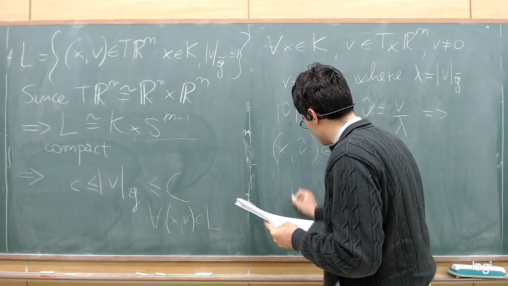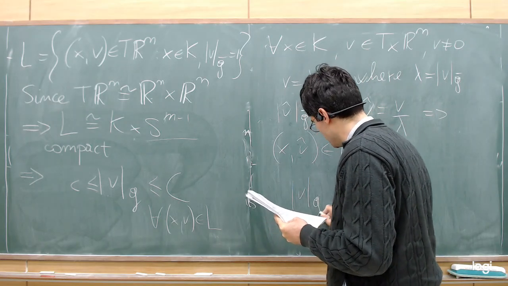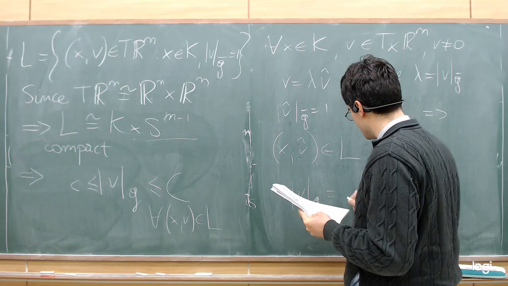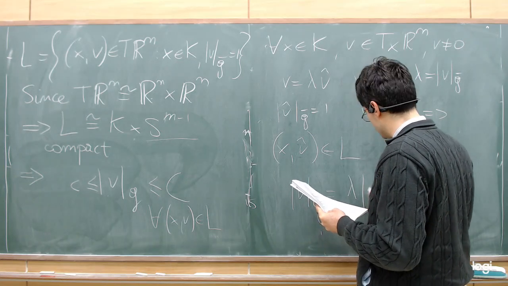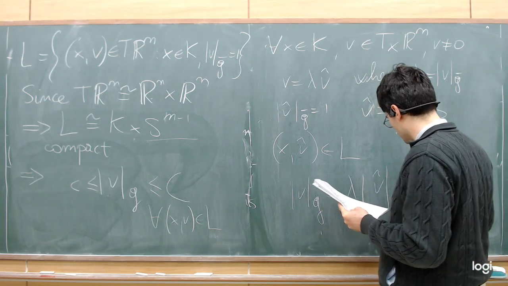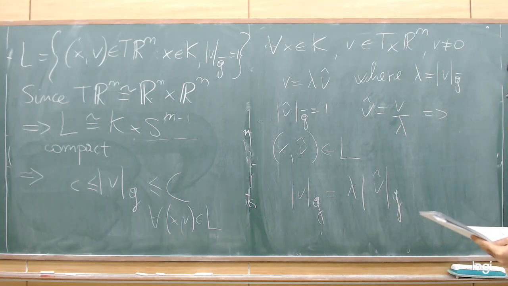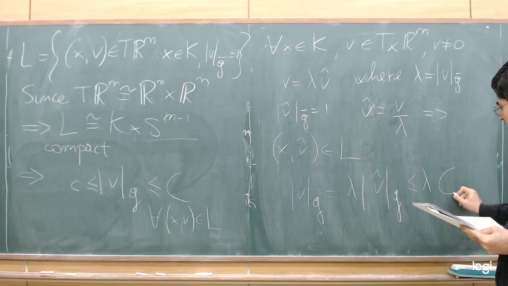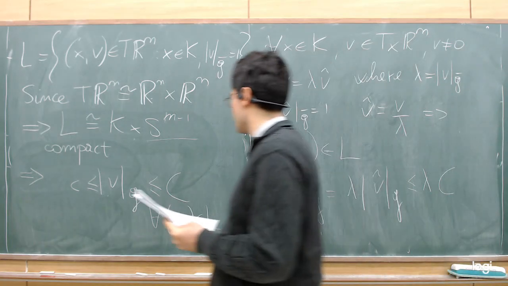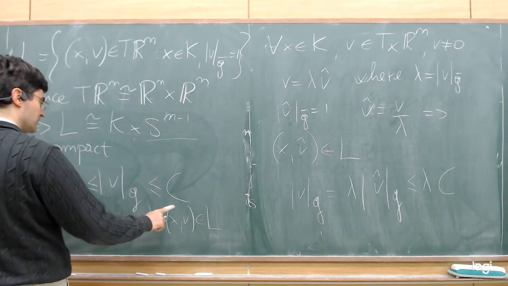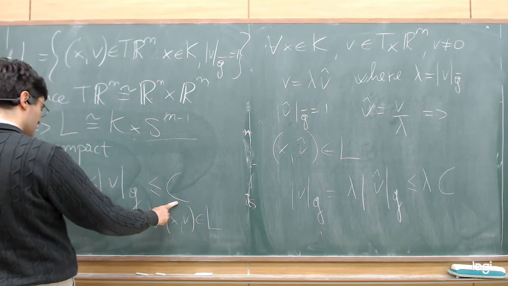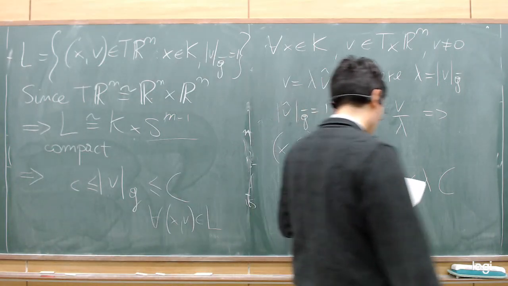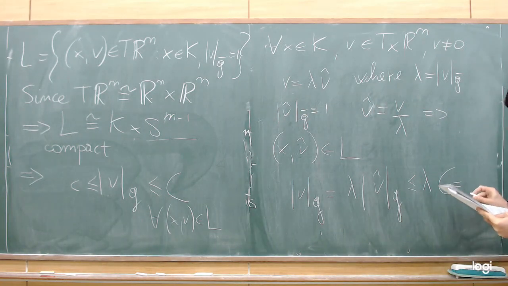Then you have that the length of v with respect to g is equal to lambda times the length of v hat with respect to g. And this is greater or equal than lambda times C, where C is this constant. And this is equal to C times the length of v with respect to g bar.